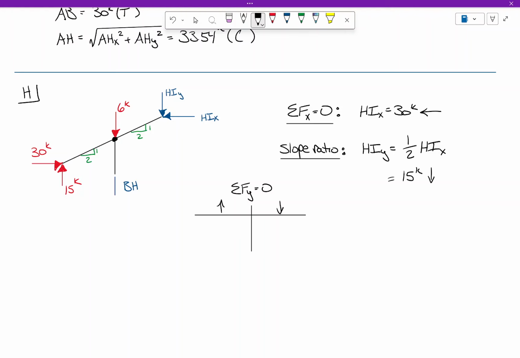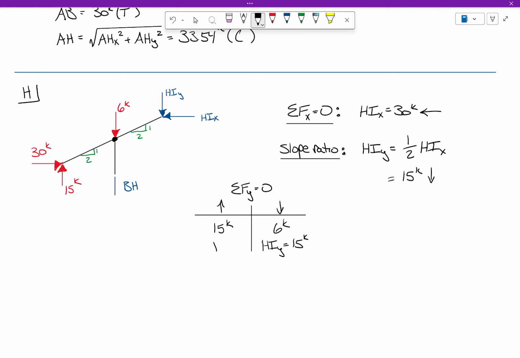So, do I need to consider the 30 kips? Do I need to consider the 15? So let's put this here. Okay, what about the 6 kips? It's going to go right here. I'm going to put HIY right here, but that's 15 kips. So BH, does it need to act up or down? Up.